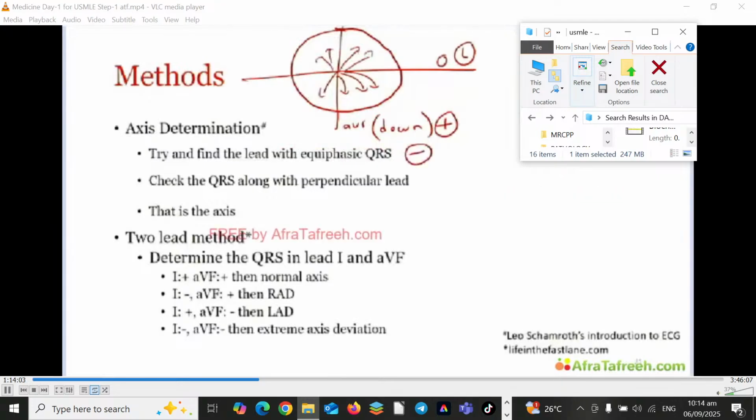This point is clear? AVF determines the bottom half. If it is moving towards the bottom half, it is going to be positive. If it is going towards the upper half, in the minus angles from 0 to minus 180 degrees, that would be negative for AVF.